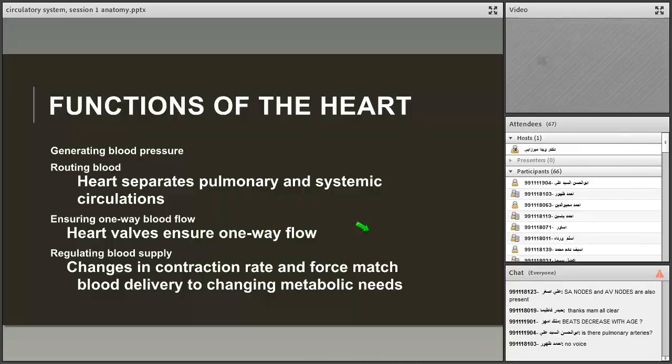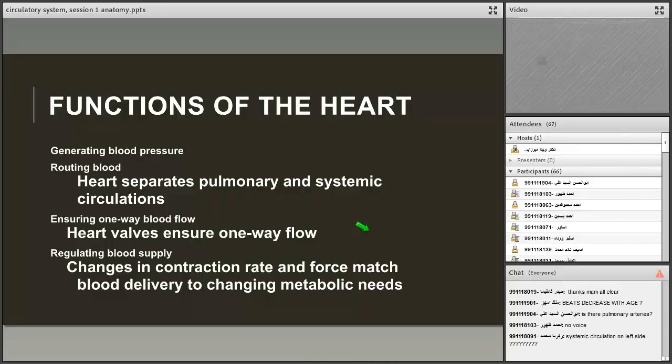How can it do that? If your body has many functions, for example in athletes or somebody who is working a lot, the heart will change its contraction rate and heartbeat. Systemic circulation is on the left side of the body.